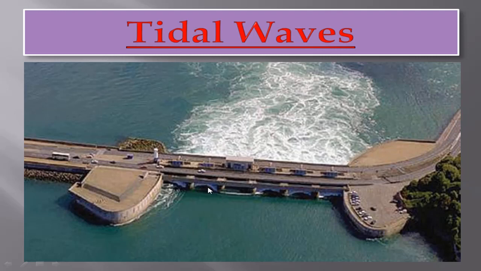However, in that area some fans, or turbines, are fixed. When both things occur, the turbine is rotated. When the turbine is rotated, the generator fixed to the turbine is also rotated, and electricity can be used. So tidal waves can be used to generate electricity.